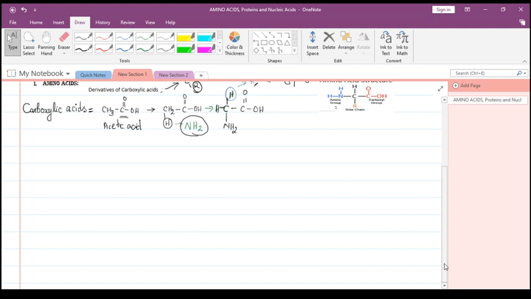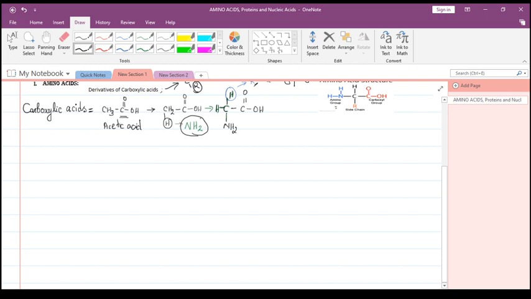That means we know that there will be different types of amino acids. The IUPAC names of amino acids are indicated by the position of the amino group: whether it is present on the first carbon, second carbon or third carbon, the IUPAC name is suggested accordingly.